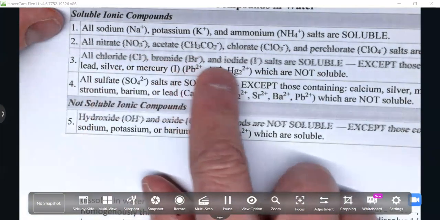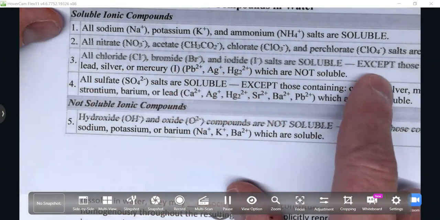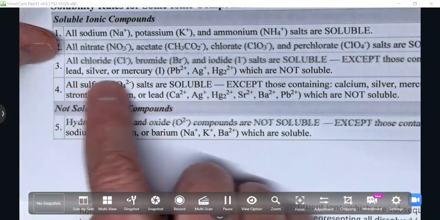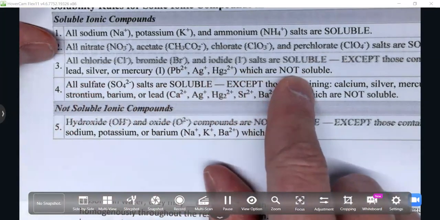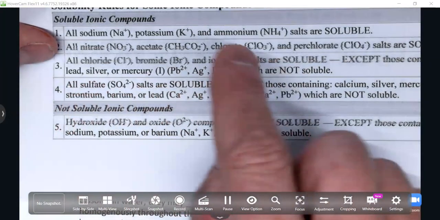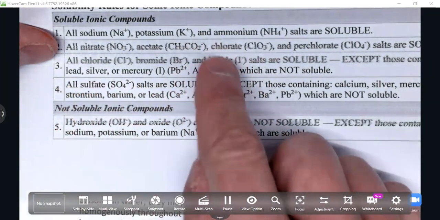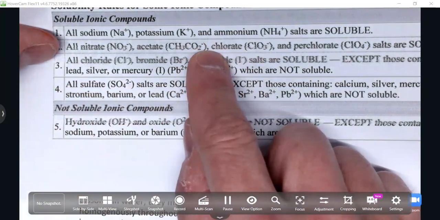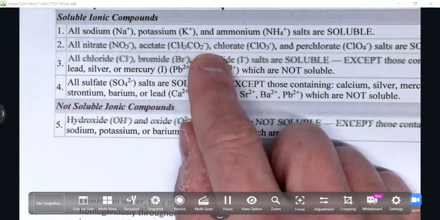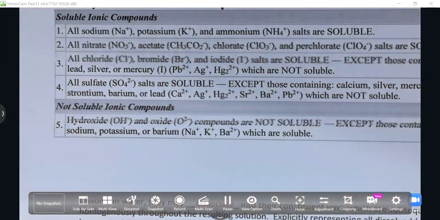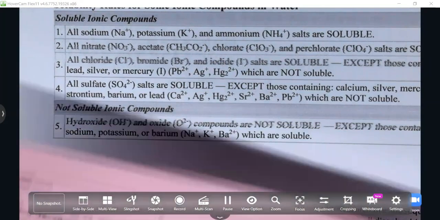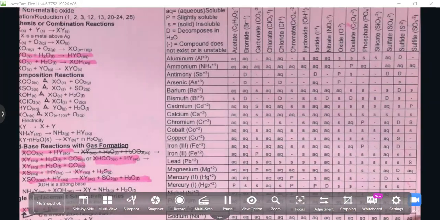All chlorides, bromides, iodide salts are soluble, except those containing lead, silver, mercury are not soluble. This is the chart you want to be referencing. If you are not sure, I have on the back side of the pink sheet a solubility grid. And the solubility grid looks like this.